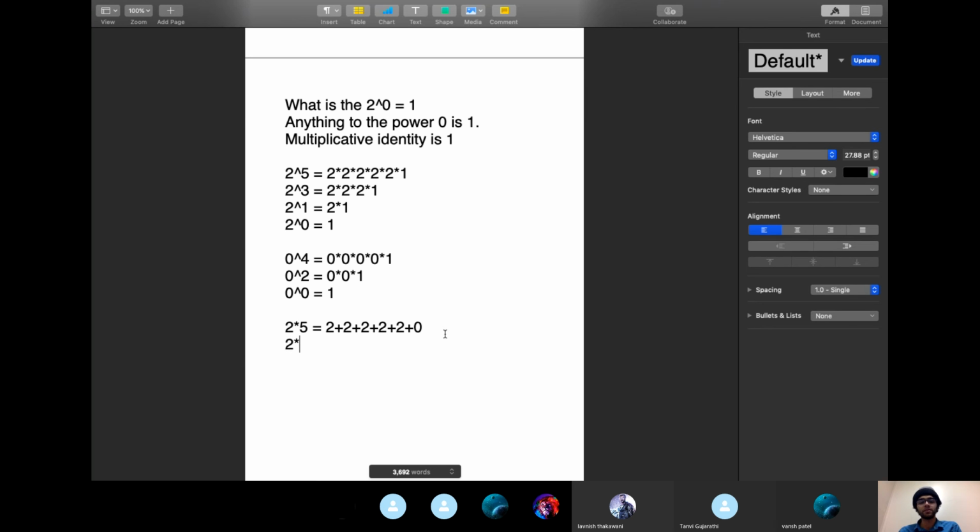If I say 2 times 3, that is 2 plus 2 plus 2 plus 0. If I say 2 times 1, this is 2 plus 0. When I say 2 times 0, there are no 2's left. We are not using any 2's at all. So just the 0 remains. The additive identity remains.